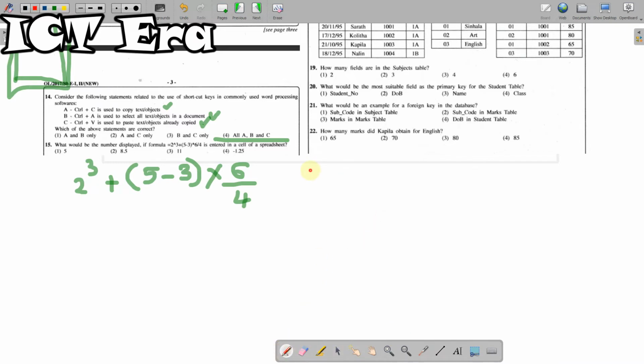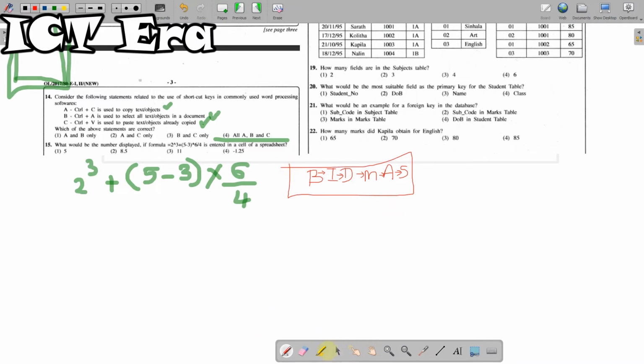It is brackets, powers, indices, division. First we have to solve brackets, then powers, then division, then multiplication, then addition, then subtraction. So this is the way we have to follow when doing these questions.